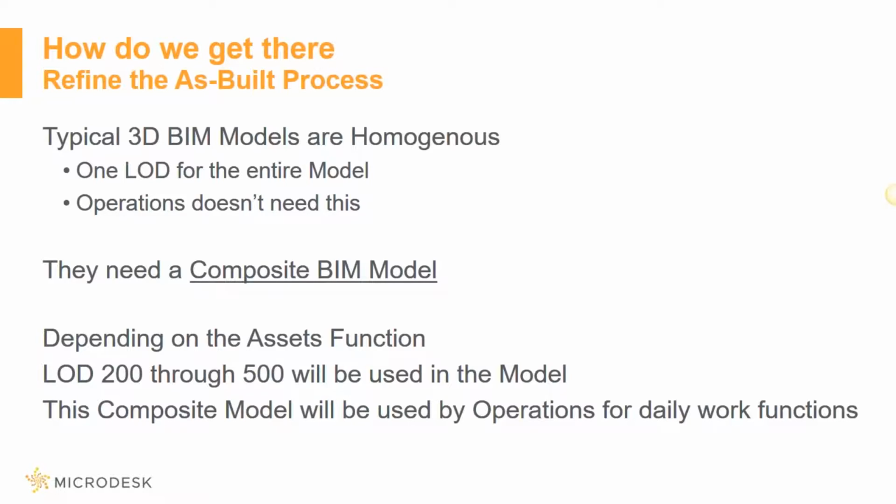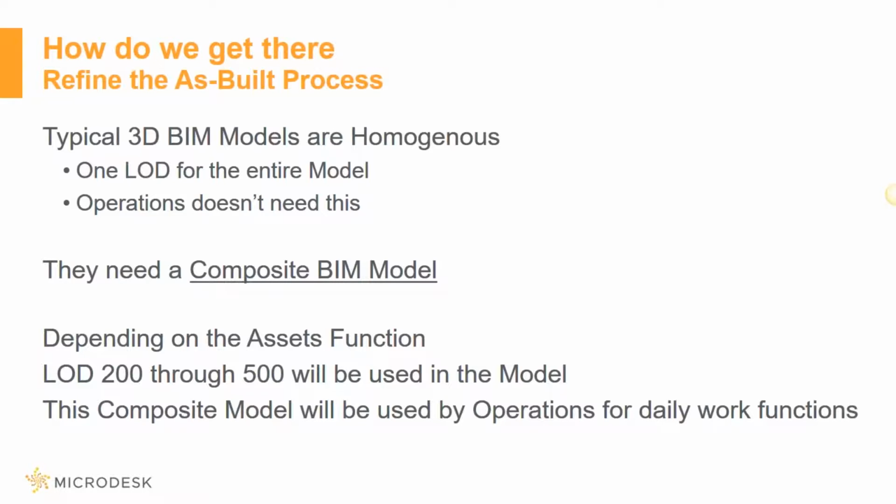But operations doesn't necessarily need this level of graphical detail on every single piece of equipment. So what we're talking about here is actually having varying levels of level of detail throughout the model based upon the function of the assets.